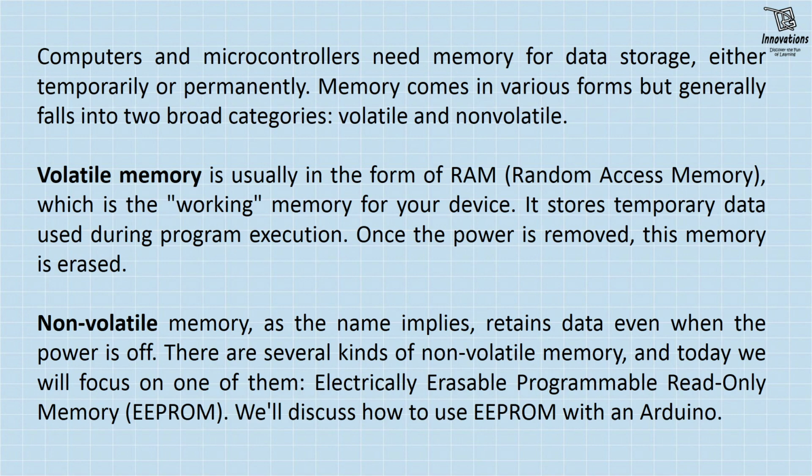Once the power is removed, this memory is erased. And non-volatile memory, as the name implies, retains data even when the power is off. There are several kinds of non-volatile memory, and today we will focus on one of them, electrically erasable programmable read-only memory, or EEPROM. We will discuss how to use EEPROM with an Arduino.